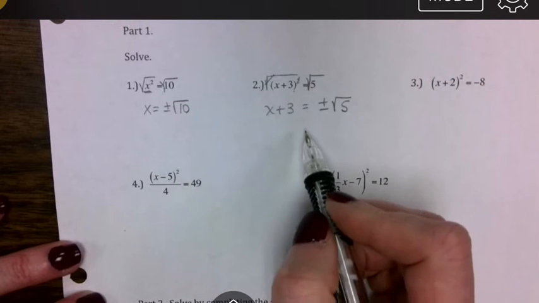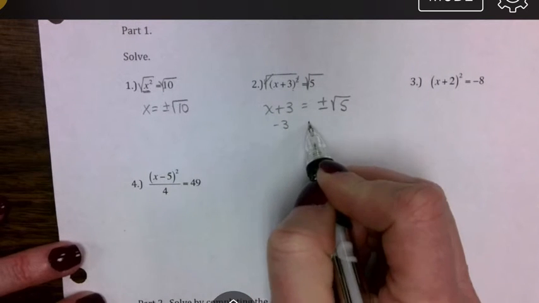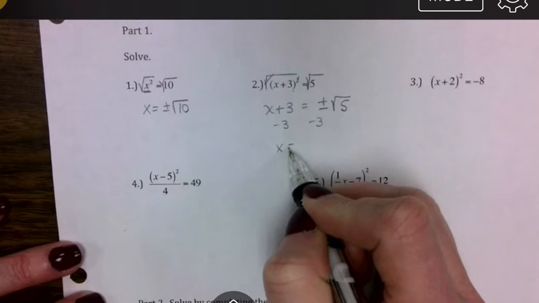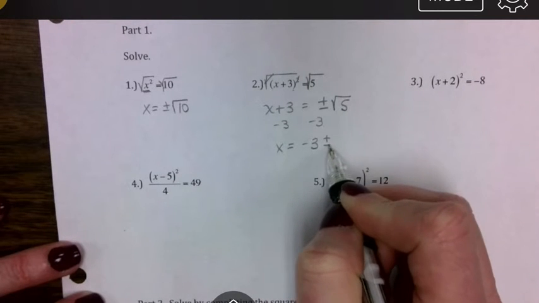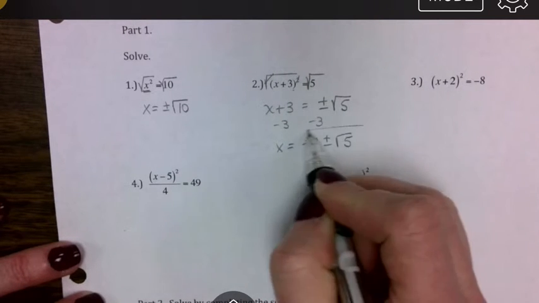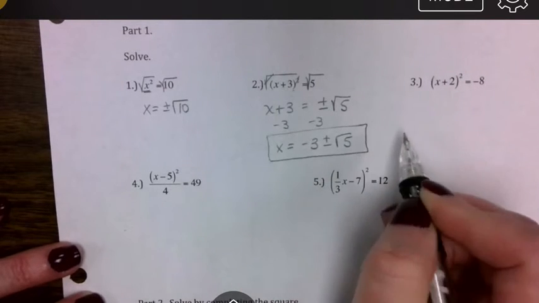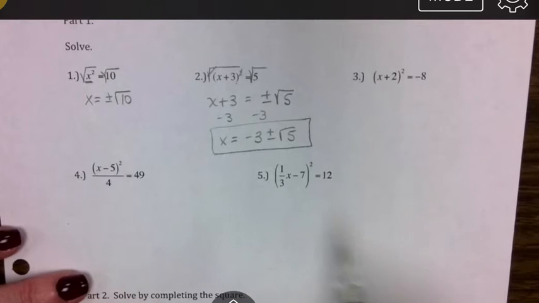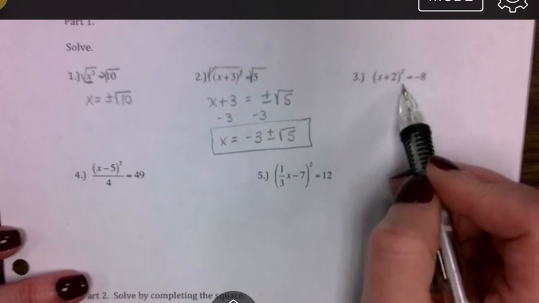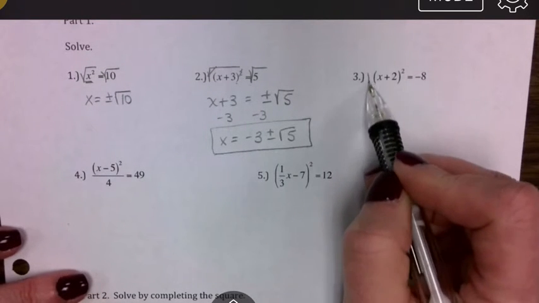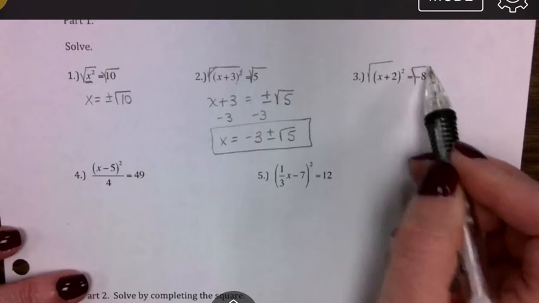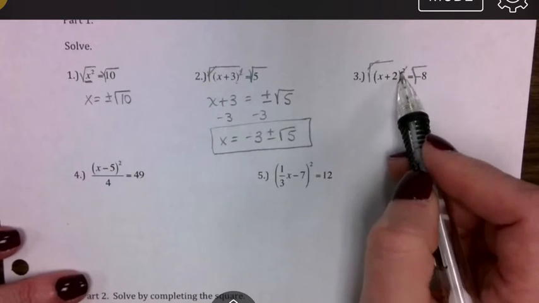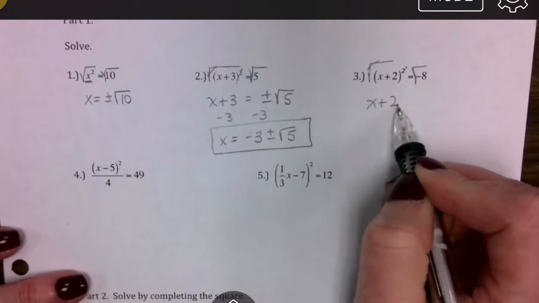And then to finish solving for x, we would subtract 3 to both sides. And so we'd have x is equal to a negative 3 plus or minus the square root of 5. In example 3, very similar to example number 2, if you have a grouping that is a perfect squared, you can square root both sides so that the square root and the squared will cancel out.